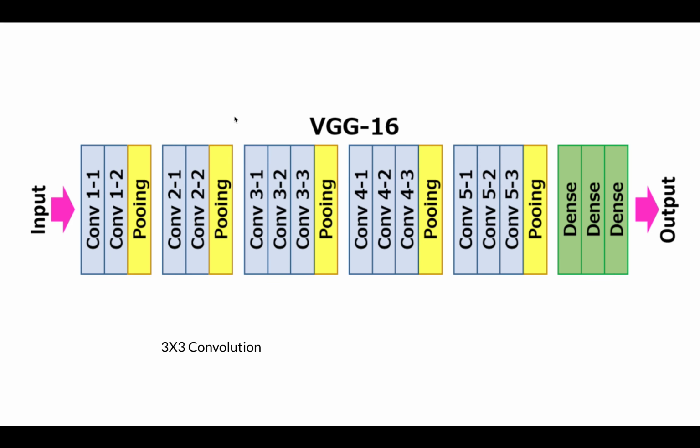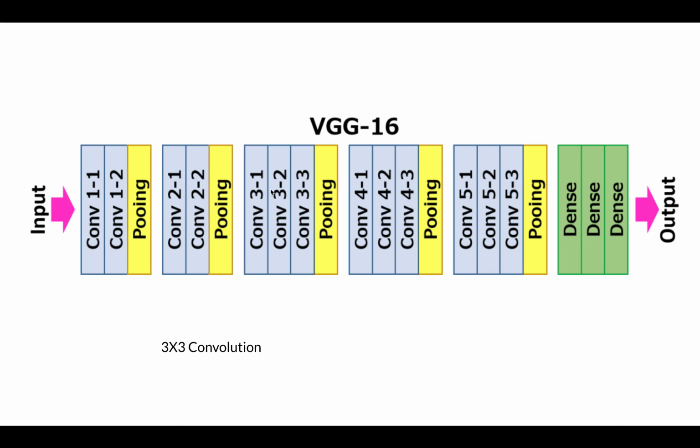Another way to see the VGG block: this is the input, and then conv 1-1 and conv 1-2, meaning the first block, first convolution and second convolution, then pooling. Then the second block, first convolution and second convolution, then pooling.